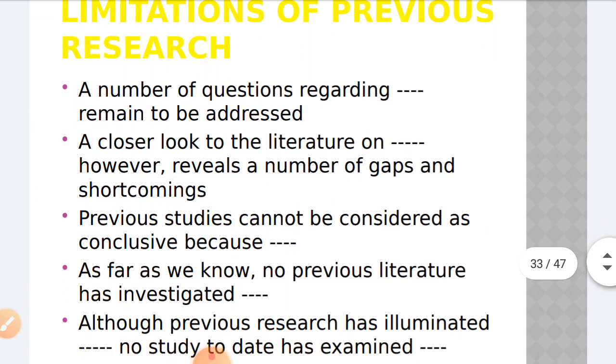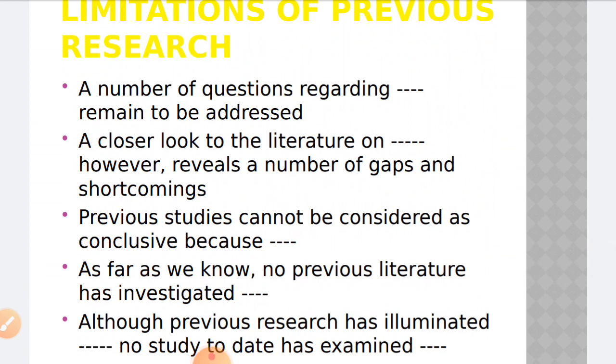For limitations of previous research, we may use sentences like: a number of questions regarding so and so remain to be addressed. A closer look at the literature on so and so, however, reveals a number of gaps and shortcomings. Previous studies cannot be considered as conclusive because of the reasons that you state.